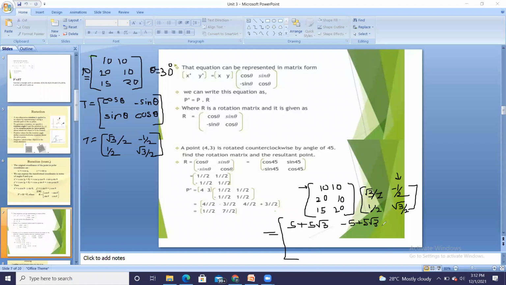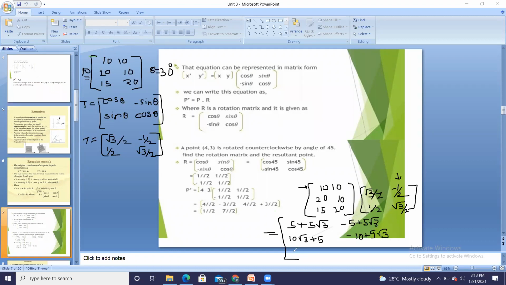Then 20 in the same manner. So I will get 10 root 3 plus 5, yes, 10 root 3 plus 5. And here minus 10 plus 5 root 3. Okay.